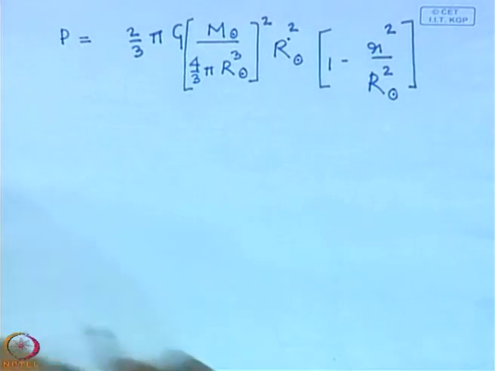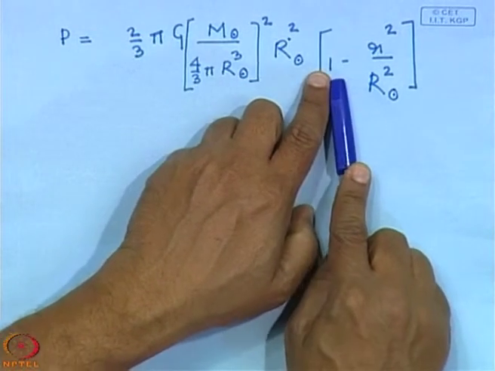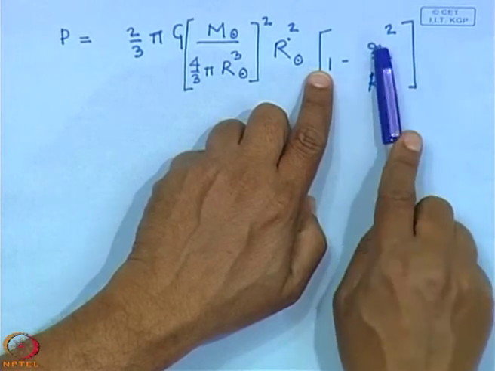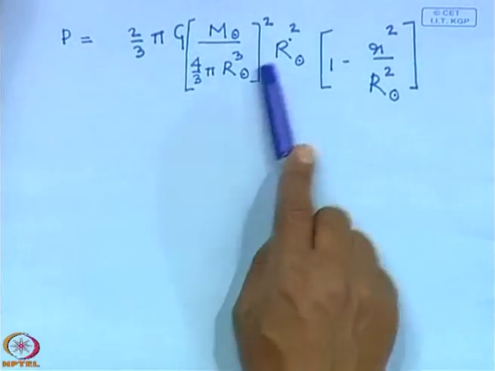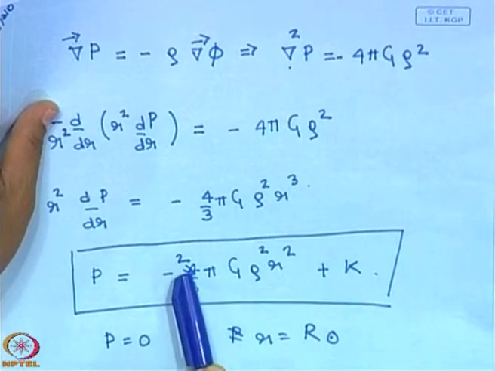Right. So, this is the pressure inside the sun. So, you can see that all of this into 1 is the constant of integration, and this term into all of this is essentially just this. Okay.